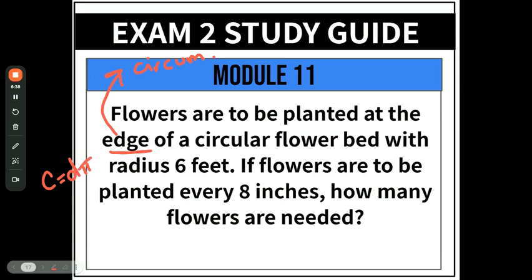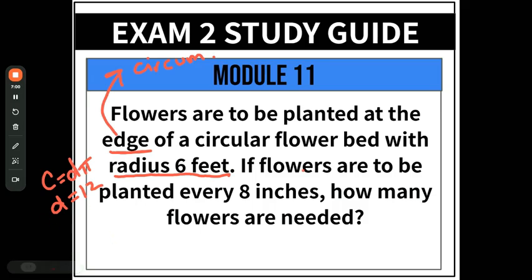diameter times pi. But they didn't give us diameter. What did they give us? They gave us radius. Well, I know that radius times 2 is going to give me the diameter. So I've got a radius times 2. That means my diameter is going to be 12.